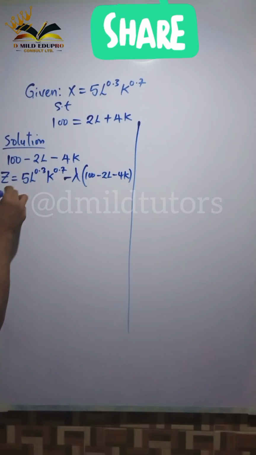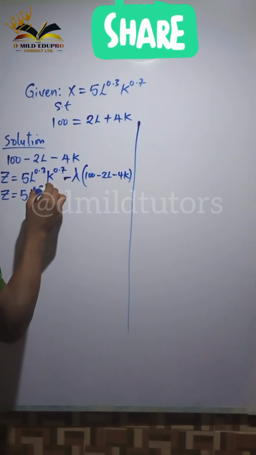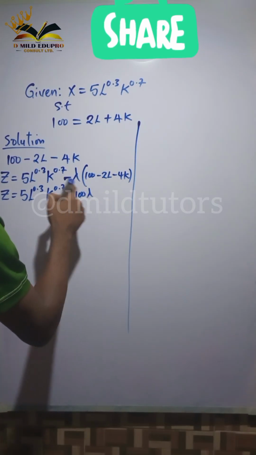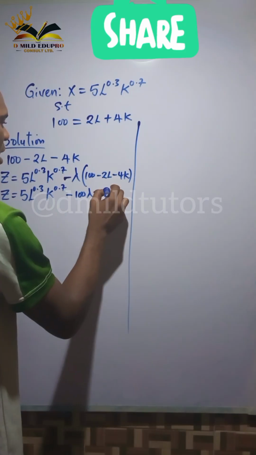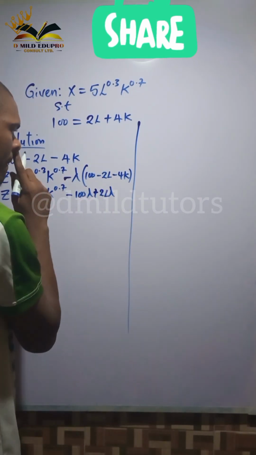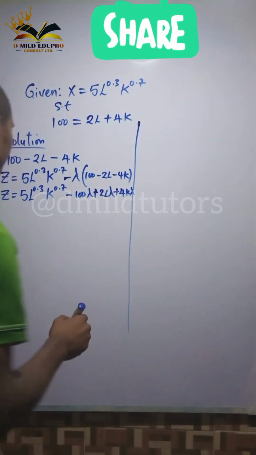So let's open this. We have 5 L raised to the power 0.3, K raised to the power 0.7 minus 100 lambda. This times this, and this times this, you have minus 2L lambda. This times this plus 2L lambda, then plus 4K lambda.